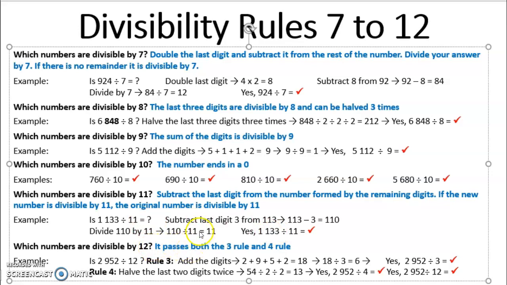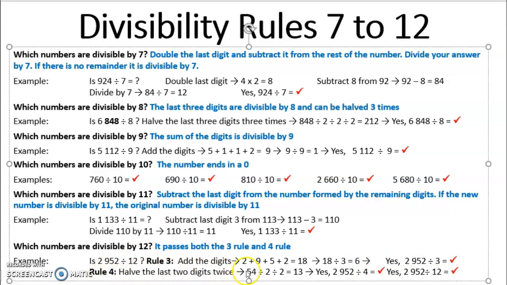And finally, which numbers are divisible by 12? The number has to pass both the 3 and 4 rule. For example, 2,952. Rule 3, we add all the digits up, we get a total of 18. We divide 18 by 3, we get an answer of 6, no remainder, so it is divisible by 3. Through the 4 rule, we halve the last 2 digits twice.